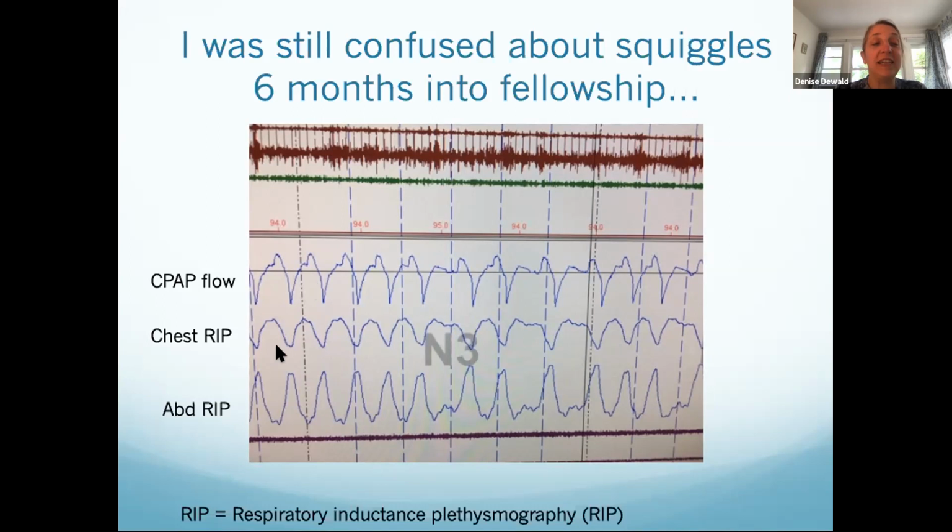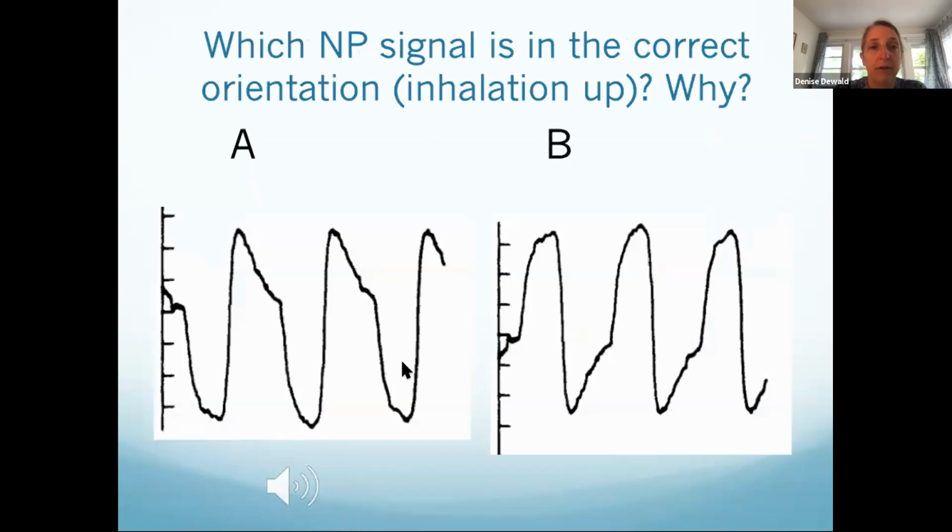It's really easy to figure out with the chest and abdomen whether this is paradoxing or flipped over. You can always go back to the calibrations and look at your signal. So it's really important at the beginning when you read a sleep study to go to calibrations and make sure your signals are oriented correctly. Chest and abdomen are easy, but how about your nasal pressure signal?